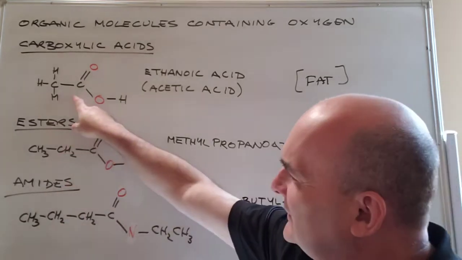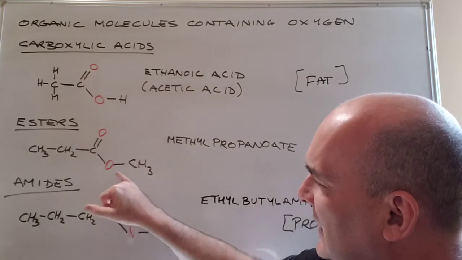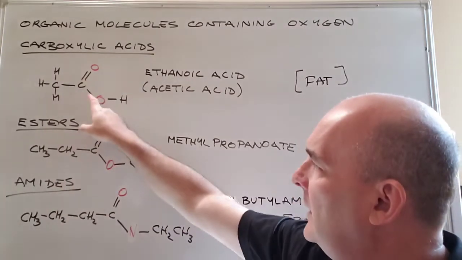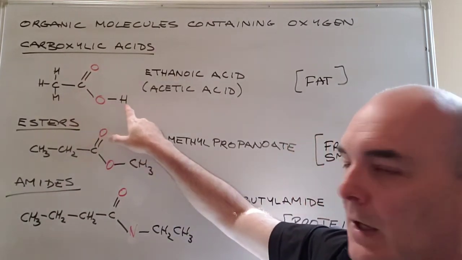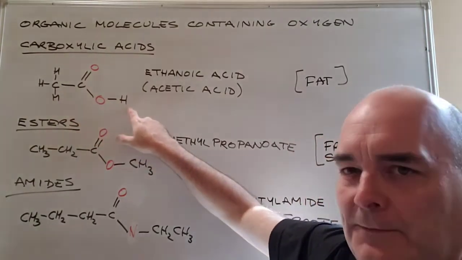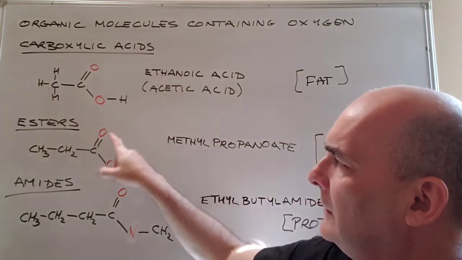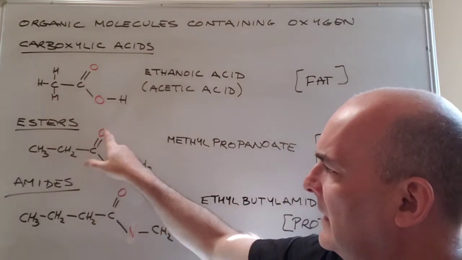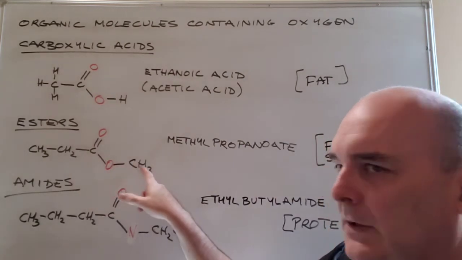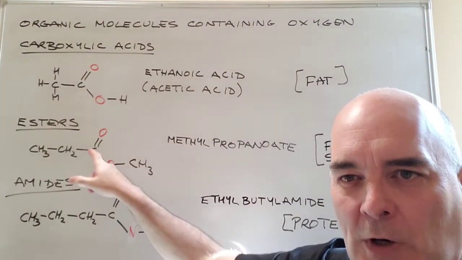Esters. Esters are just like carboxylic acids, except instead of having a carbon-oxygen-hydrogen bond set, look, this is an alcohol. So carboxylic acids are carbonyl alcohols. This one has a carbonyl and a carbon-oxygen-carbon bonding set. So this is kind of like an ether right here.